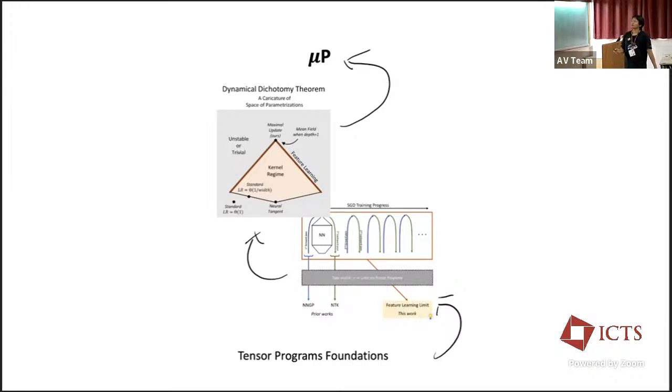So this is essentially a summary of the tech stack, the stack of mathematics that we went through in the series of three lectures. In the first lecture, I talked about muP and why it is so great empirically. Then in the second lecture I talked about the mathematical intuitions behind it, derived from the dynamical dichotomy theorem.